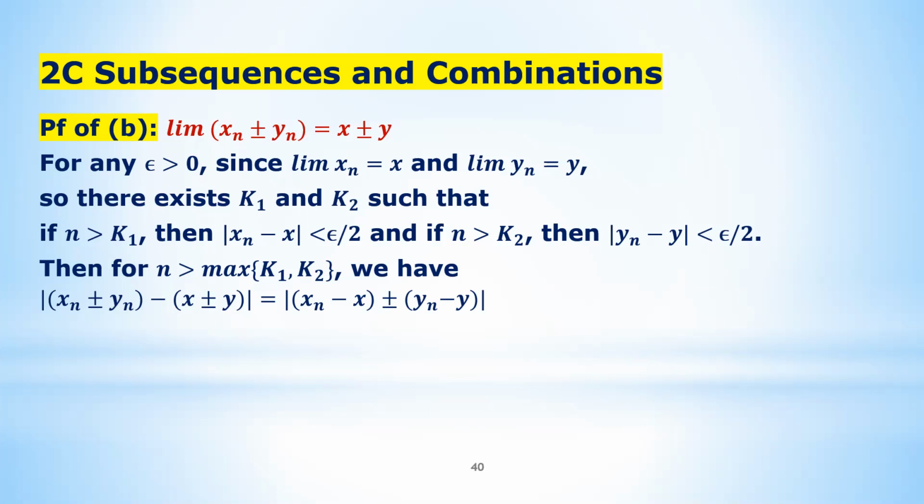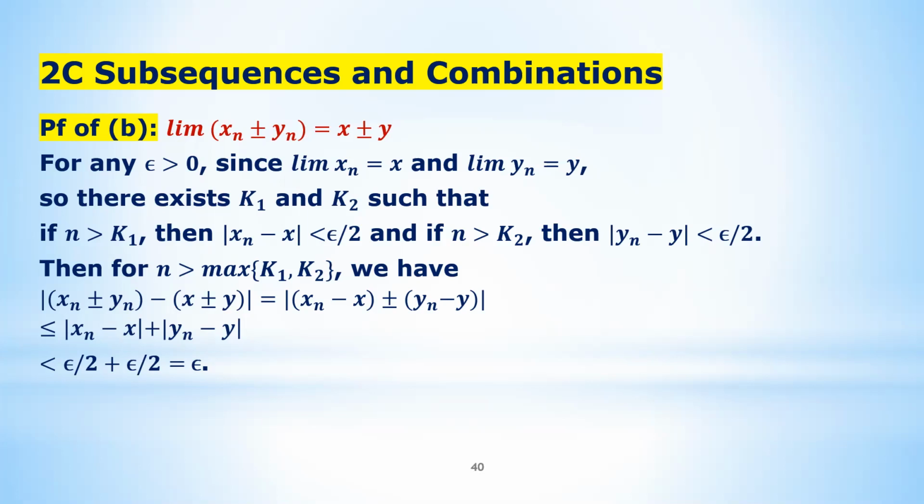But no matter whether it is a plus or minus, in the next step we use the triangle inequality. The triangle inequality is that the absolute value of a plus b is less than or equal to the absolute value of a plus the absolute value of b. Since the absolute value of xn minus x is less than epsilon divided by 2, and yn minus y is also less than epsilon divided by 2, epsilon divided by 2 plus epsilon divided by 2 exactly equals epsilon.